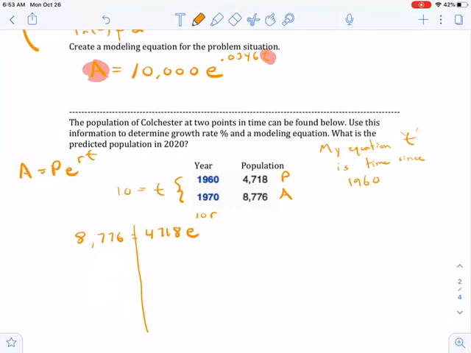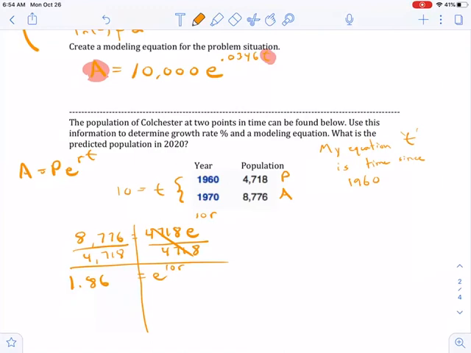And then my solving steps should be pretty much the same throughout a lot of these. So here I'm going to divide both sides by 4,718. Plug that into my calculator, 8776. So I'm getting 1.86. I'm going to leave it at that. The next decimal is going to be a 0.